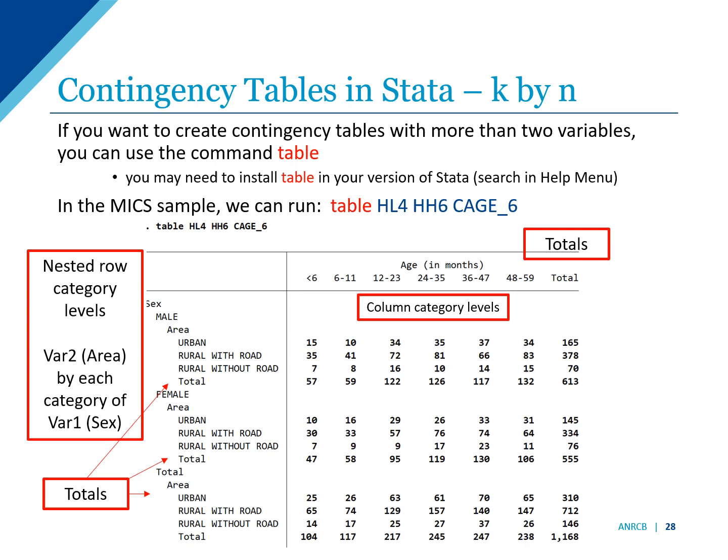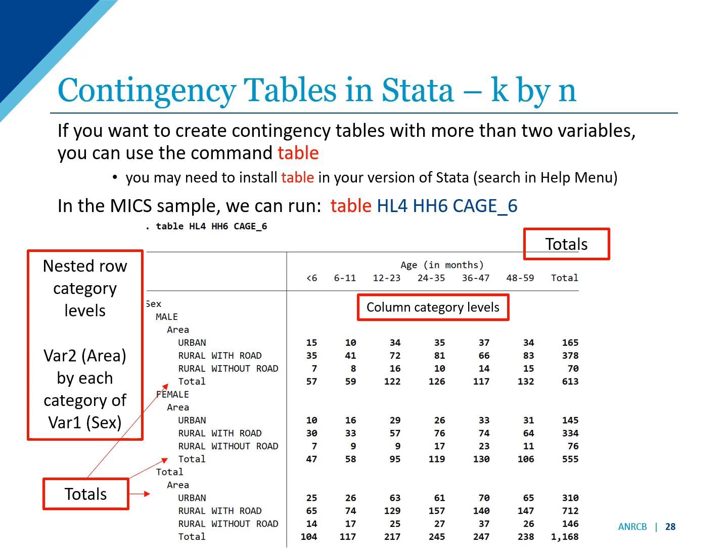In the mix sample, we can run table with HL4, HH6, and cage_6. When we do this, our second variable rows are shown for each level of our first variable, with our third variable as the column categories.